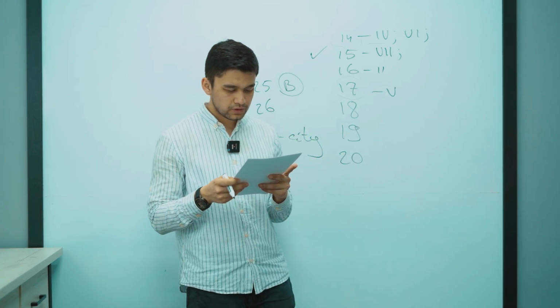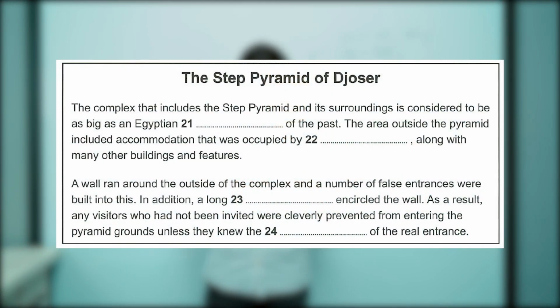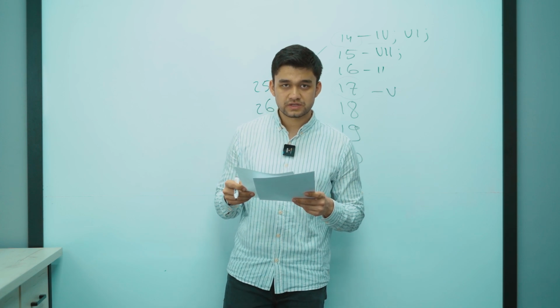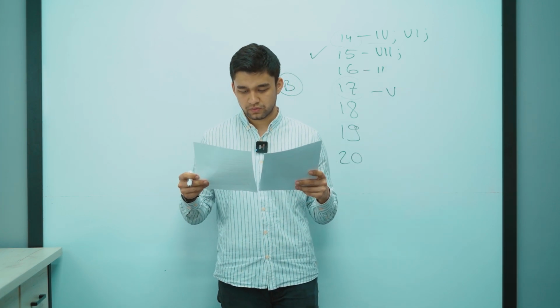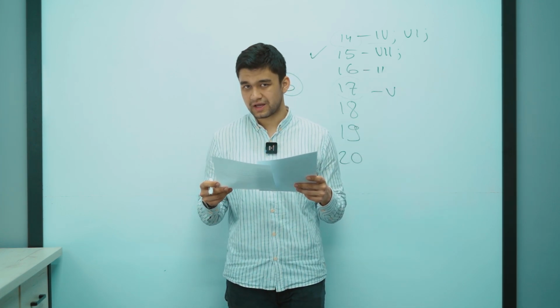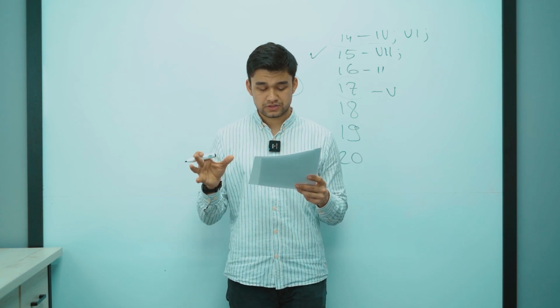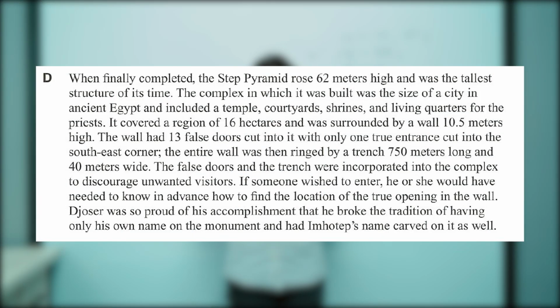City. 22. The area outside the pyramid included accommodation that was occupied by, along with many other buildings and features. Well, of course, you know that in reading they always paraphrase. Accommodation, I read about that in the form of another word, and that was living quarters.